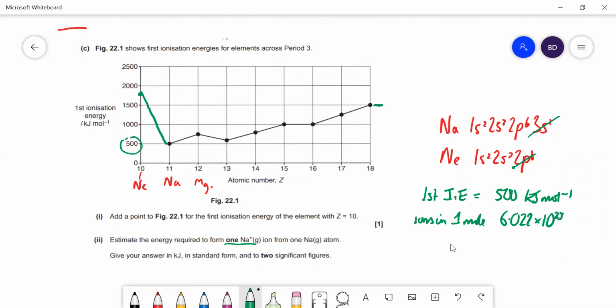So the energy required to remove it from one atom is going to be 500 kilojoules divided by 6.022 times 10 to the 23, and that is equal to 8.3 times 10 to the minus 22 kilojoules per ion. It does ask for two significant figures, so I'm going to get rid of that 0 there. I should say 8.3 times 10 to the minus 22.